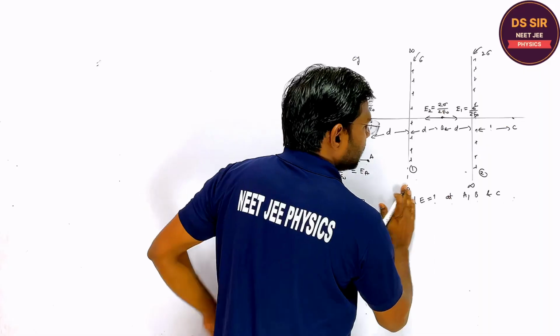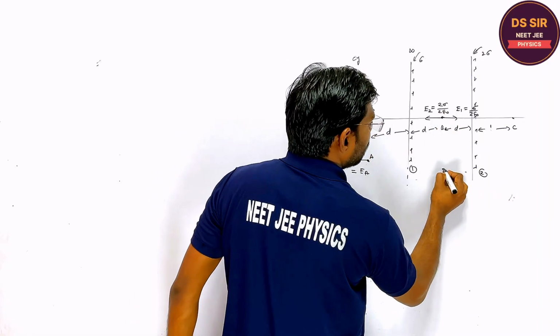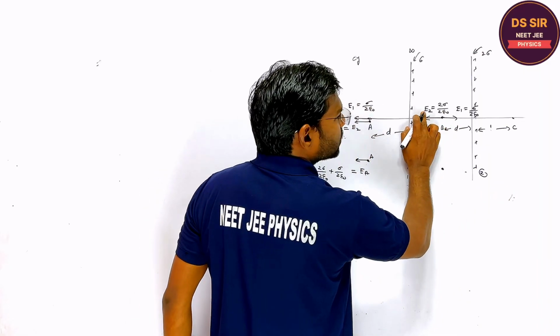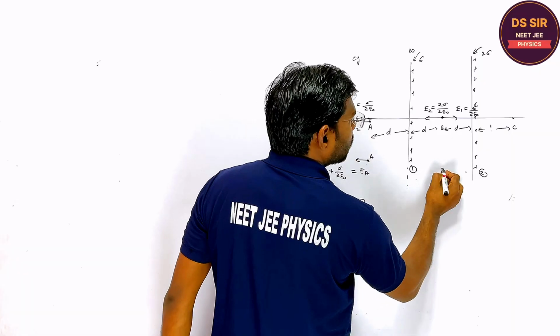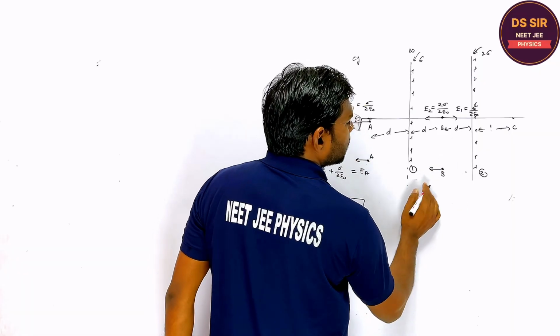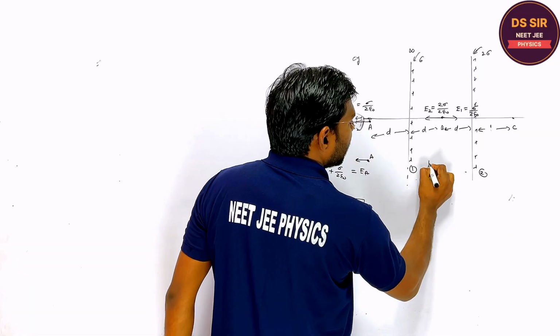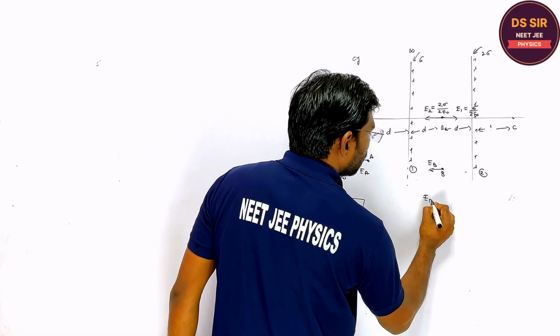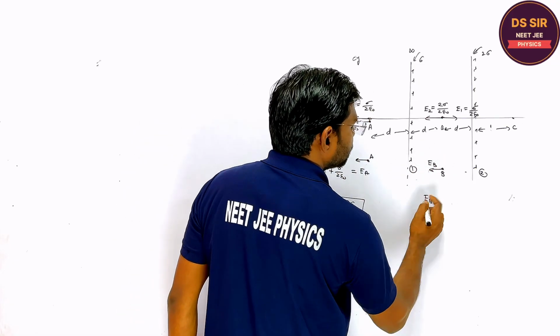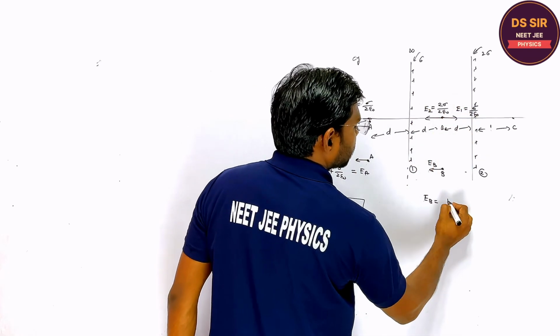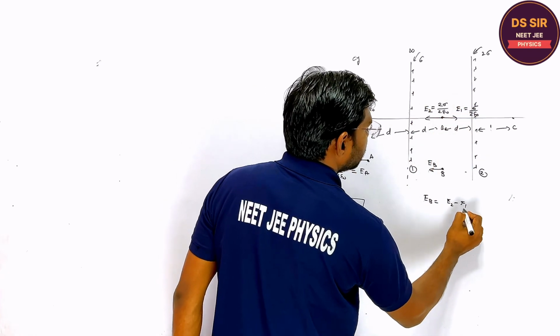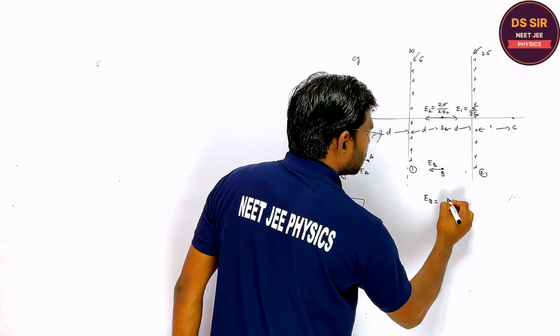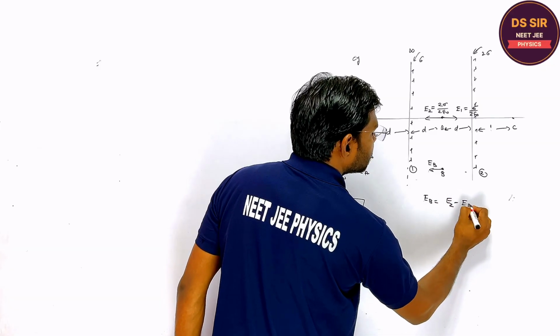But both are in opposite direction. Therefore, the electric field E2 is greater than E1. So what will be the net electric field at B? It will be E2 minus E1.